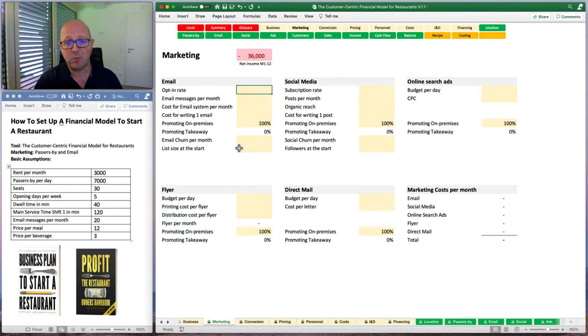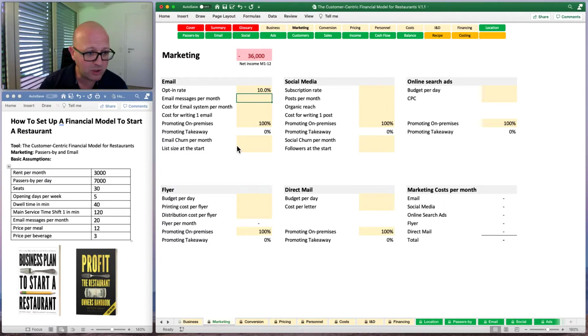Some people will say, "Yes, that's great, I want to subscribe," and some will say, "No, thank you." The amount of yes you get is the opt-in rate. We assume that 1 out of 10 will say yes. If you're good at this, you can reach a much higher rate, but let's stay cautious and just assume a lower rate of about 10%.